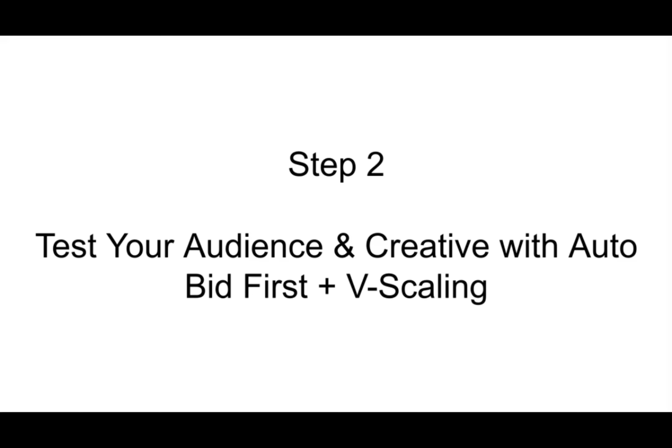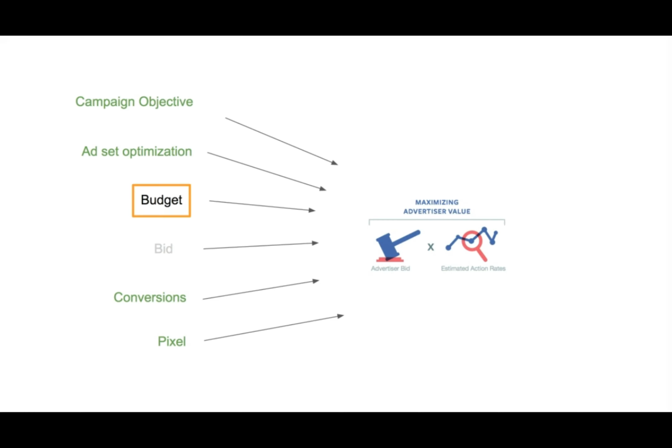If you've been through the video on manual bid, you'll understand the need for auto first and then manual. Before doing any other kind of scaling, I do my auto bid with V scaling. So go through the V scaling training and start to implement that on your winning ad sets.